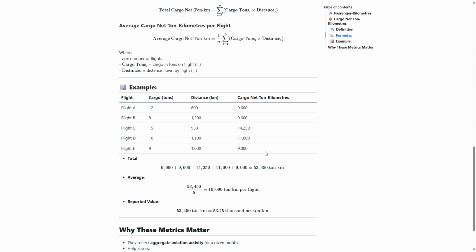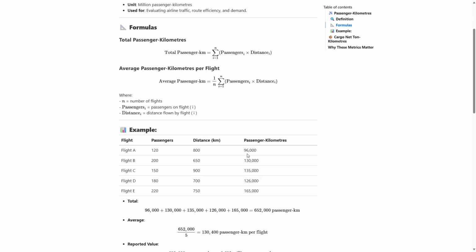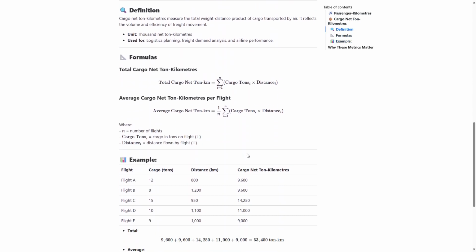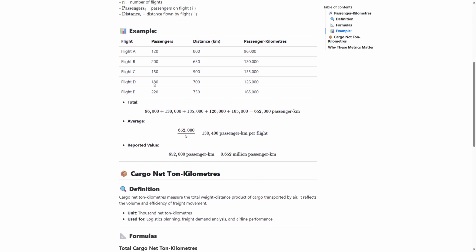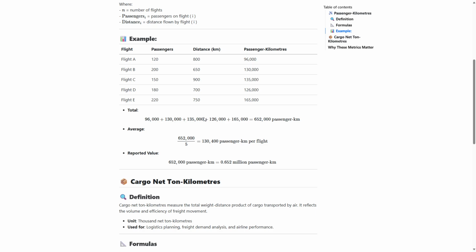These are used in aviation either for the passenger kilometers traveled or for net cargo transported. Here it's the same thing. If the data is used to show the total passenger kilometers, then it's this number, 652,000, divided by 1,000. You'll get 0.65 million passenger kilometers in total that has been transported in that month, if it is monthly data.